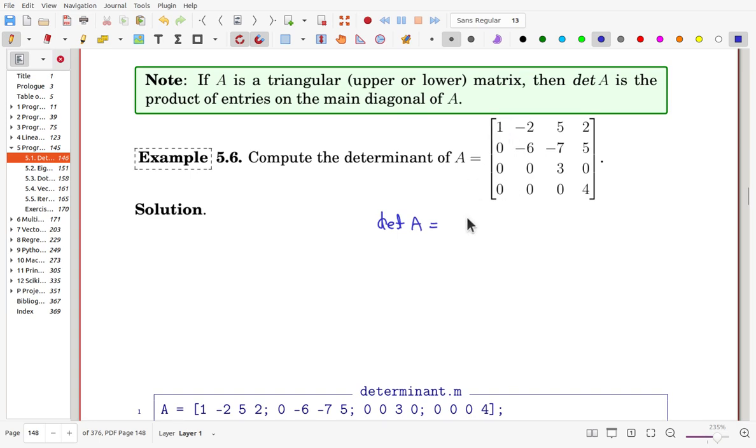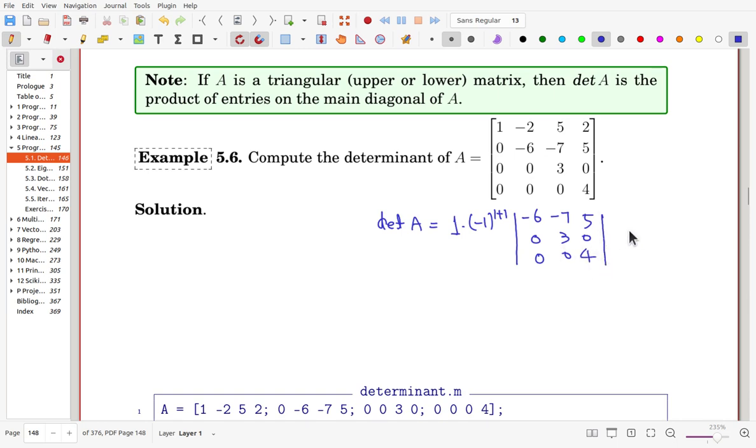Then here we only have 1, and then C11, that is the same as minus 1 to the 1 plus 1, and then the determinant of the submatrix, that's minus x, minus 7, 5, 0, 3, 0, 0, 0, 4.